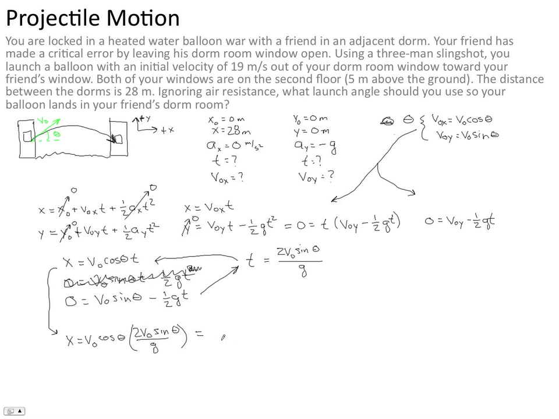If I collect the v naughts and make it v naught squared, I end up with something that looks like this: v naught squared times 2 cosine theta sine theta divided by g.